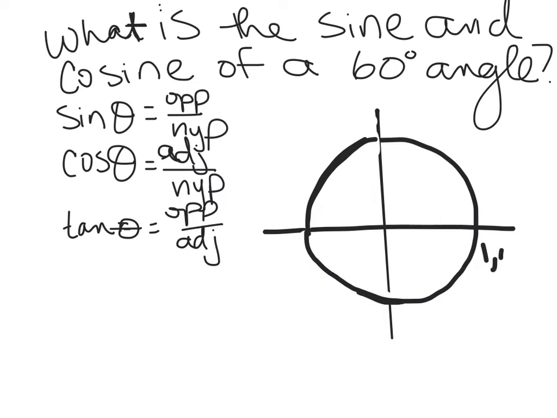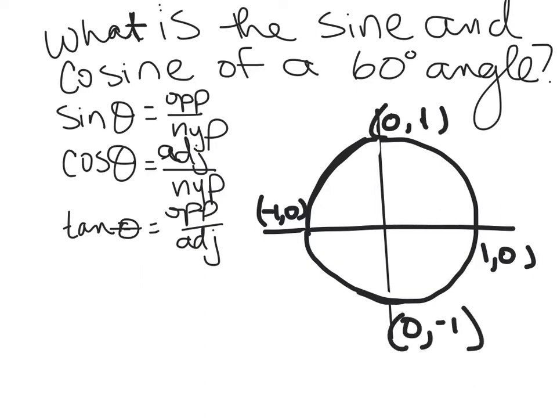You know that this is 1, 0. This is 0, 1. This is -1, 0. And this is 0, -1. So the radius all the way around, though, is 1 unit long.